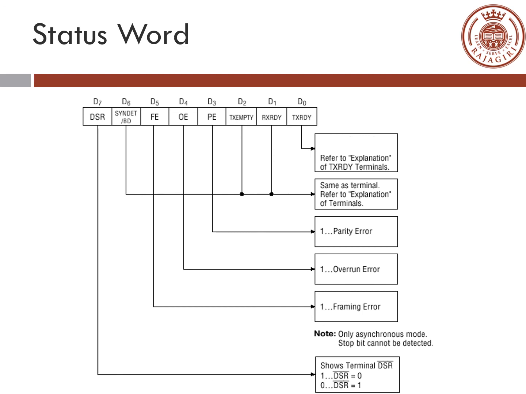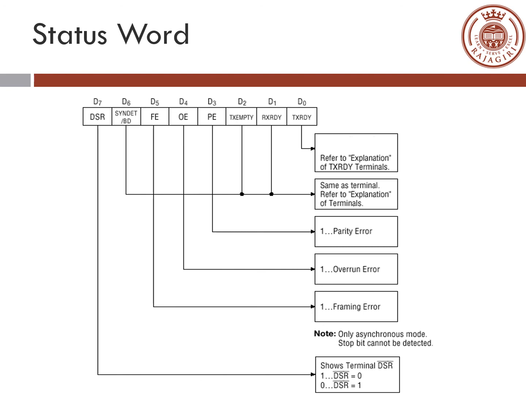Then followed by 3 error bits PE, OE and FE, where PE shows if there's a parity error in the transmission, OE shows the buffer overrun error, FE shows the framing error where you don't distinguish the start and stop bits correctly.